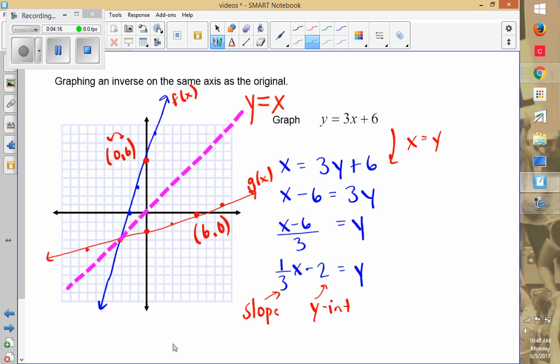And so what that means is if we have a y-intercept on the original graph, that's going to become an x-intercept on the inverse graph. The domain of the original will become the range of the inverse, and vice versa. And that is all because we switch and we flip over the line y equals x. So x becomes y and y becomes x.